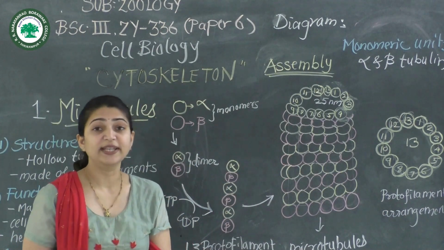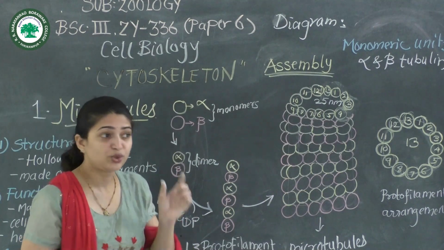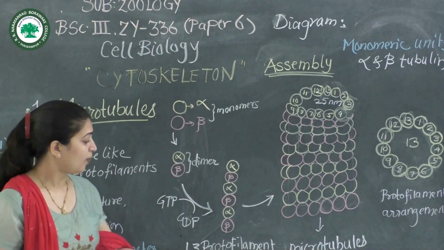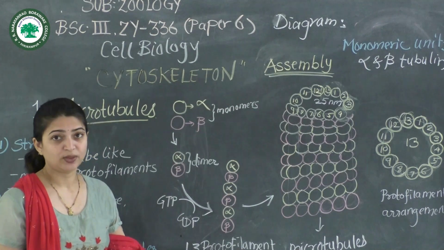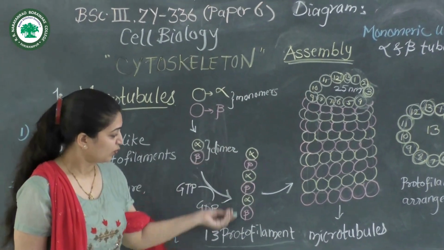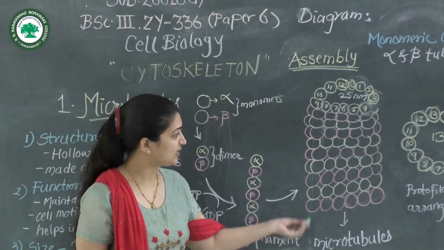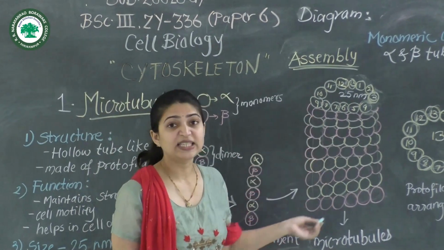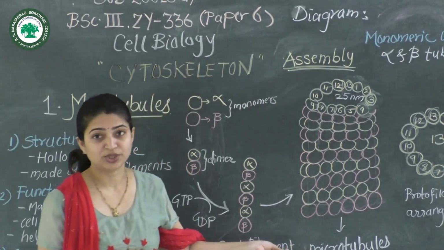There are 13 of these filaments which together form the protofilament, and these 13 protofilaments together form the microtubule structure.